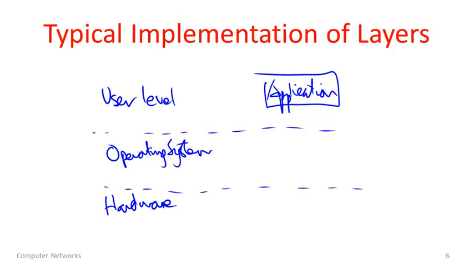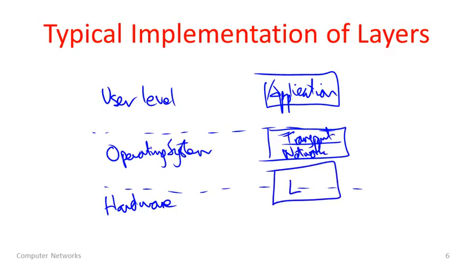Within the operating system, we'll then typically have the transport and network layers, and we'll also have some of the link layer. The link layer typically straddles the operating system and hardware. Some of it's implemented in the operating system in the lower part of drivers.